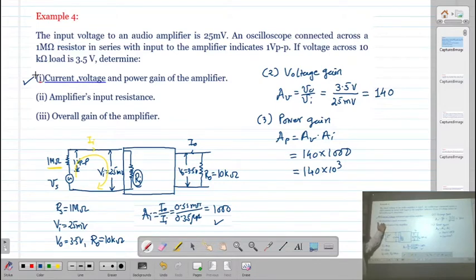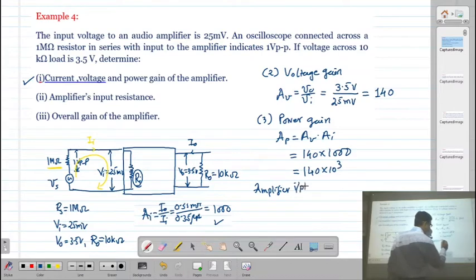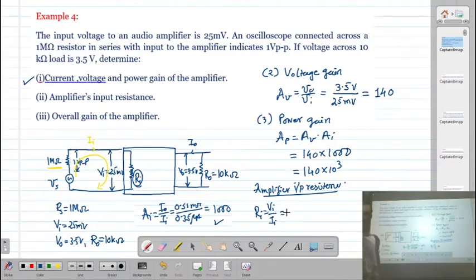Now the second one: what is the amplifier's input resistance? According to the definition, Ri is equal to Vi by Ii. What is my input voltage?